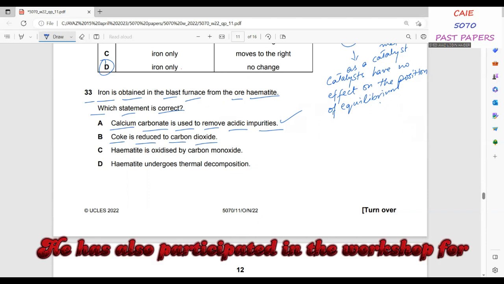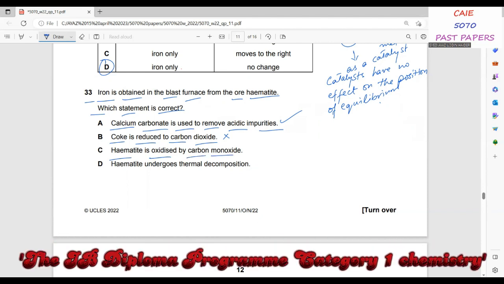Coke is oxidized to carbon dioxide. C. Hematite is oxidized by carbon monoxide. This is again wrong. Hematite is reduced by carbon monoxide to get iron and carbon dioxide. D. Hematite undergoes thermal decomposition. No, hematite does not undergo thermal decomposition. So only choice A will be the right answer in this case.